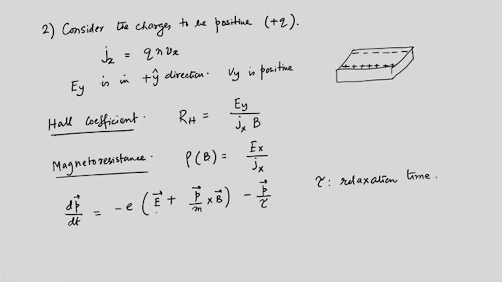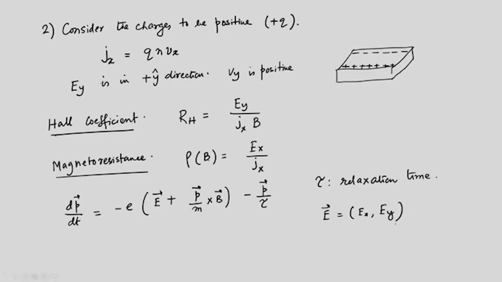You have E having both Ex and Ey, and the momentum of the particle has both components Px and Py. Once again, I remind you that this electronic motion is confined in a plane, so the vector P is not Px, Py, Pz. Let me write it here, that this is equal to Ex and Ey.